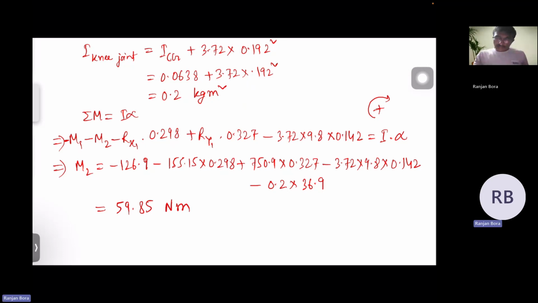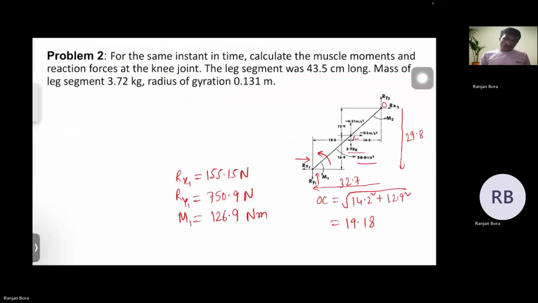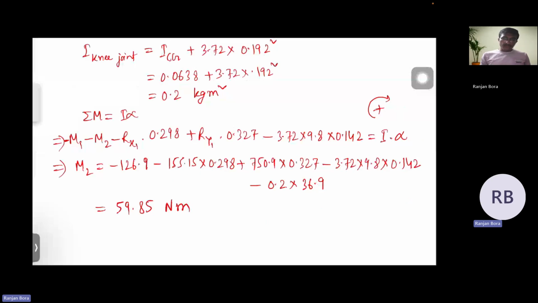So in the problem, the initial assumed direction of M2 was in the anti-clockwise. So these directions will be opposite. Rx2, what was Rx2? We got both Rx2 and Ry2 negative. So the directions of Rx2, Ry2, and M2 will be opposite to what we have assumed initially. So these were the problems.